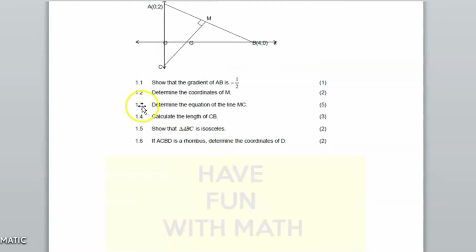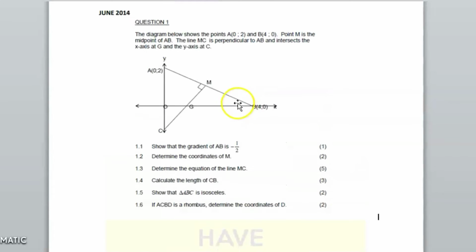Now we move to 1.3. Determine the equation of the line MC. This is the line MC. They want the equation of the line MC. Remember what I said, that for these two lines to be perpendicular, the product of the value of the gradient of this line when multiplied by the value of the gradient of this line should give you -1.